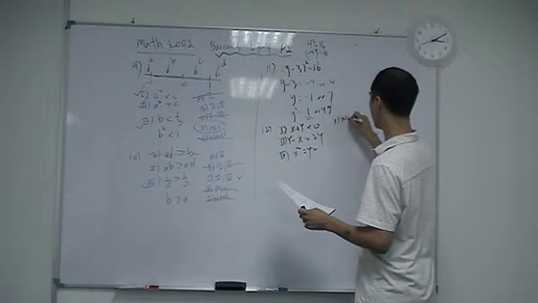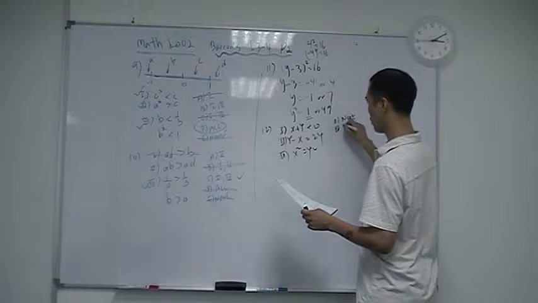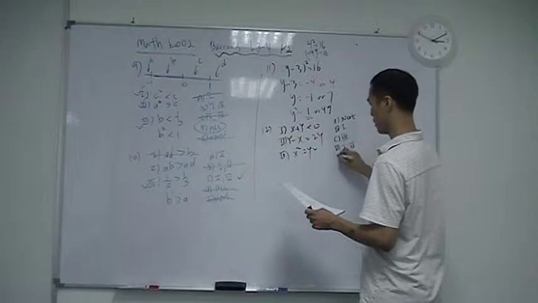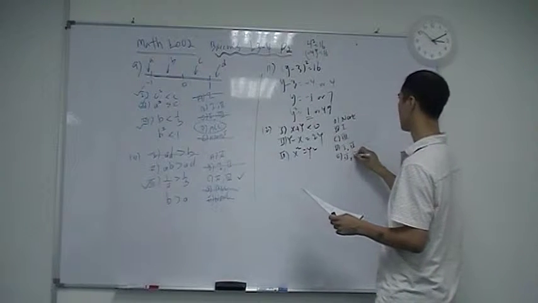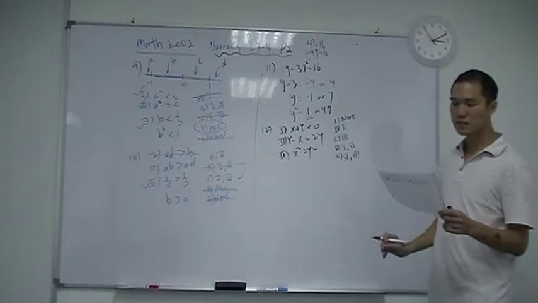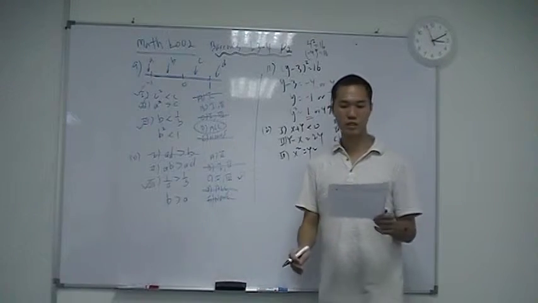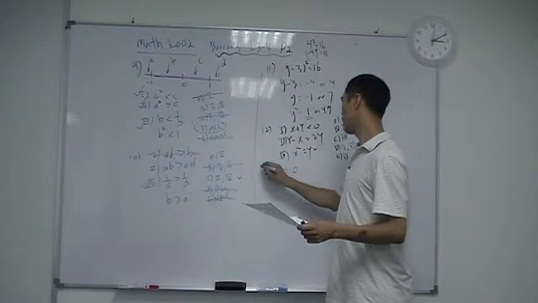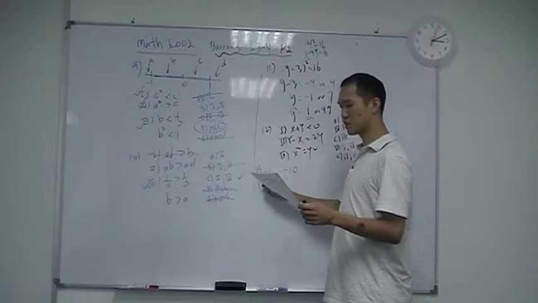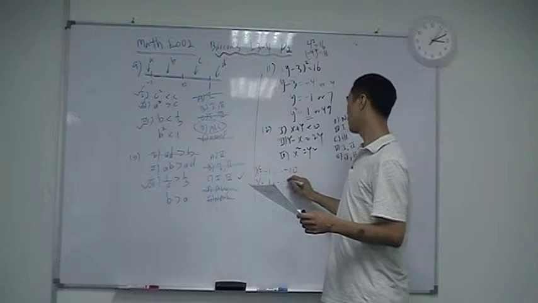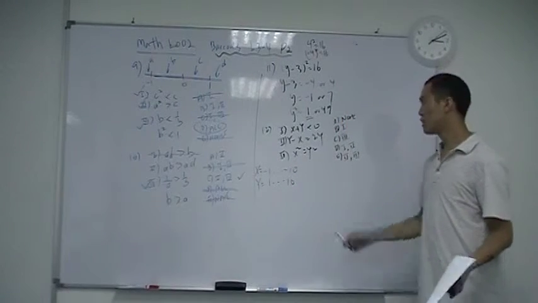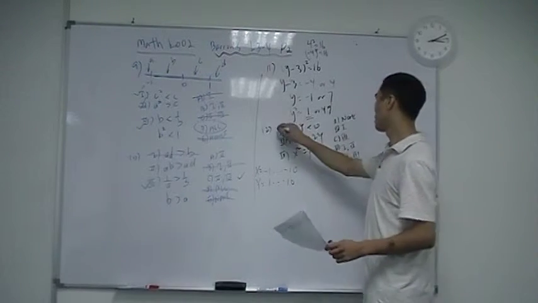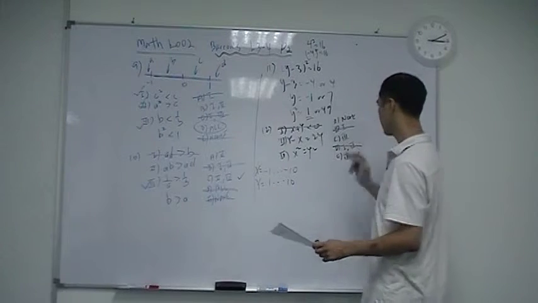A is none, B is 1, C is 3, D is 1 and 2, and E is 2 and 3. Again, x is the sum of the greatest 10 negative integers, negative 1 to negative 10. Y is the smallest 10 positive, 1 to 10. Now if you add this up, x plus y, they cancel each other and equal 0. So 1 is out.